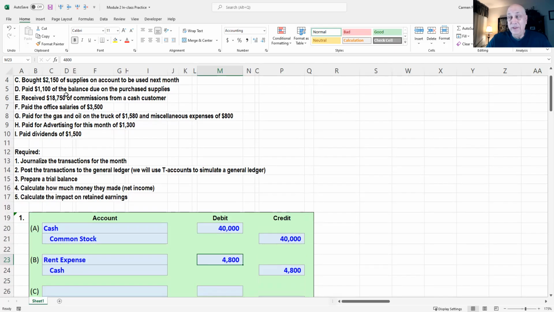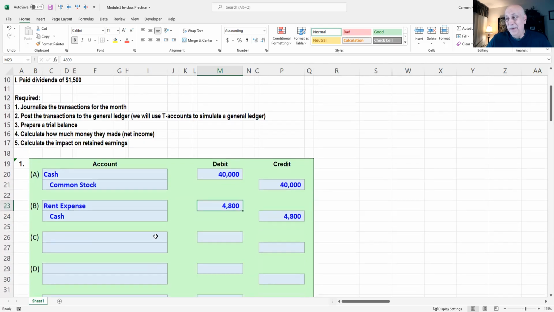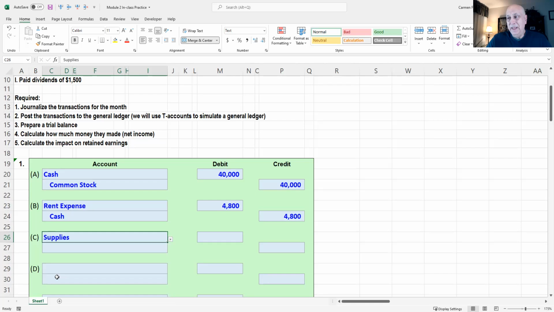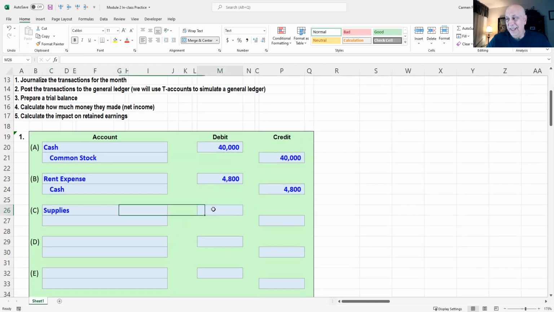So first of all, supplies is an asset. We find that account, supplies, and they're increasing, so they go on the increase side, which is the debit side: $2,150 debit to supplies. And how do we pay for them? We didn't pay for them yet. We have accounts payable. We do owe that money, and we're going to pay for it at a later date.